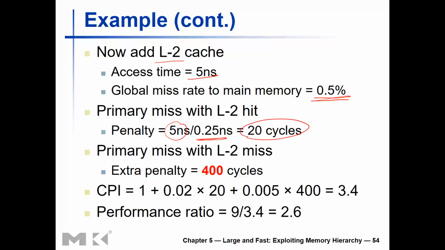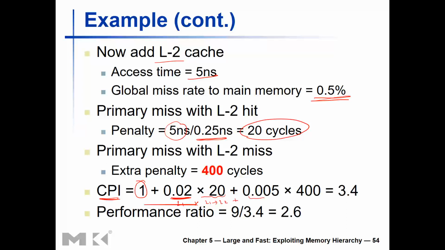Now, notice here that to compute the effective CPI, this is my ideal CPI. This is my miss rate from L1, right? And multiply this is my miss penalty. Okay, so my miss penalty or access time from L1 to L2, this is 20 cycles. Plus, what happened if I miss from L2?